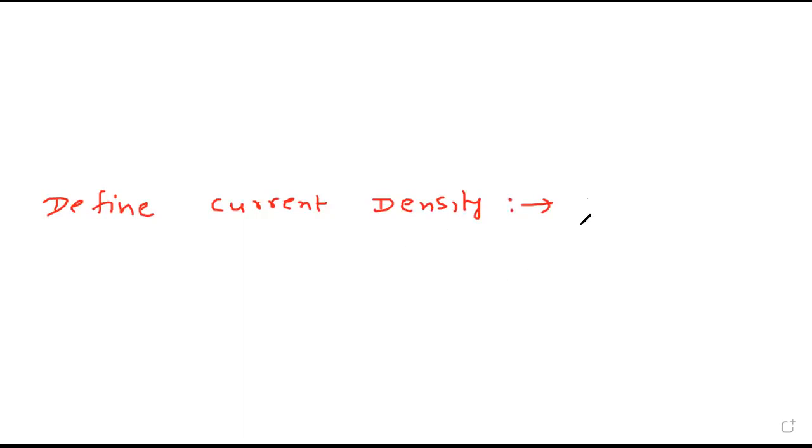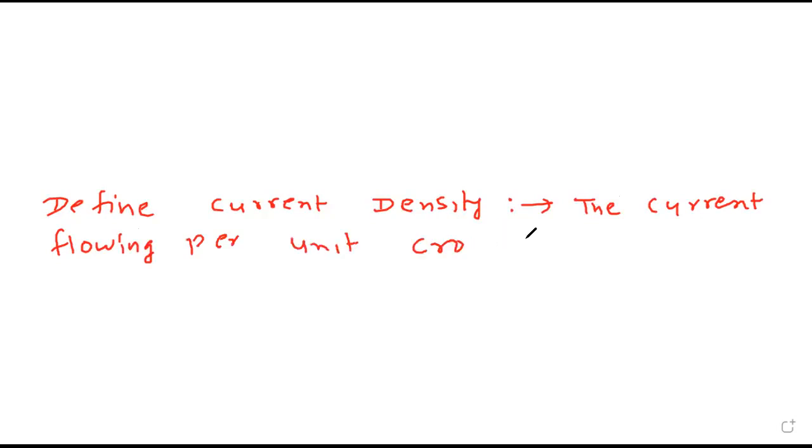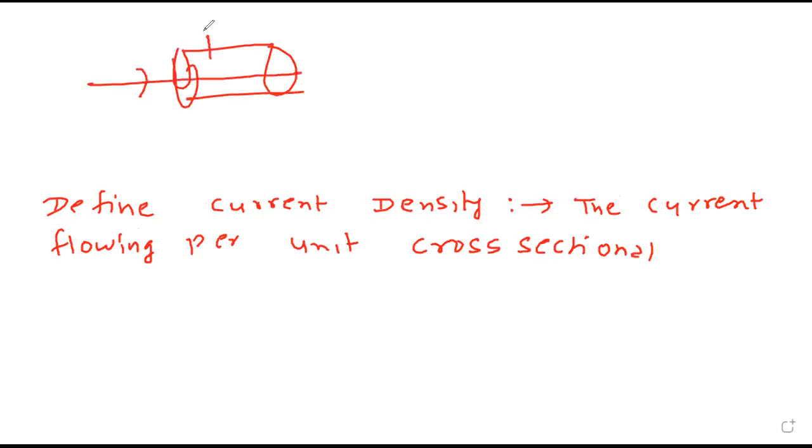So current density is defined as the current flowing per unit cross-sectional area. Cross-sectional area means perpendicular to the direction of current. Suppose this is a conductor and this is current flowing. If I cut it perpendicular to the direction of current, then this area is called cross-sectional area.